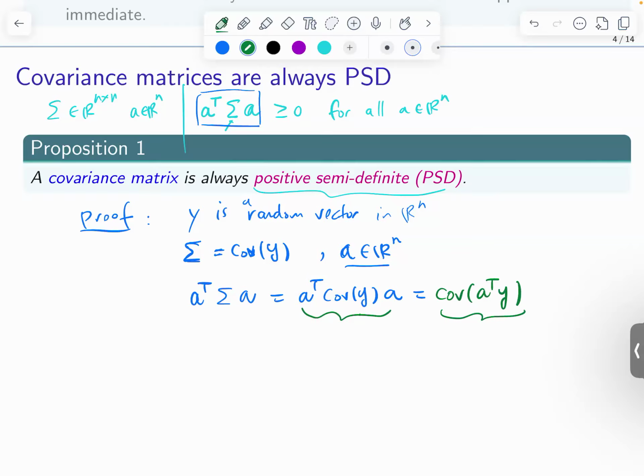So what is next? What is A transpose Y, or the covariance matrix of A transpose Y? What is the dimension of A transpose Y? The dot product. Okay, so A transpose Y is really A1 up to AN times Y1 up to YN.